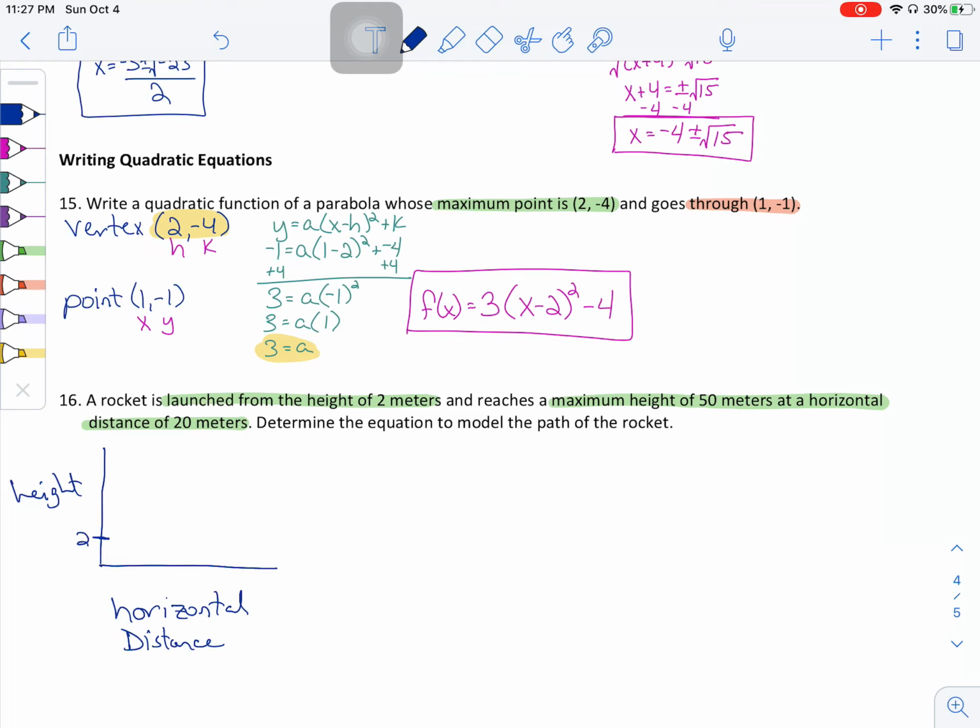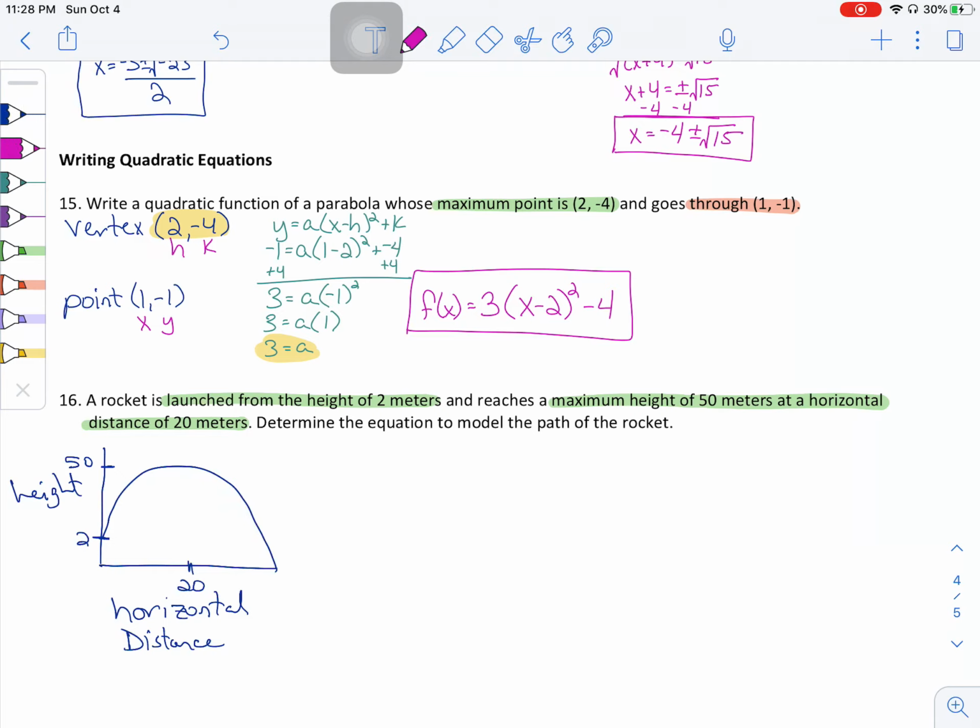And anything that's launched, kicked, thrown, any projectile like that, follows a model that's a parabola. Okay? So that rocket gets launched, eventually comes back to the ground, and reaches a maximum height here of 50 at a horizontal distance of 20.